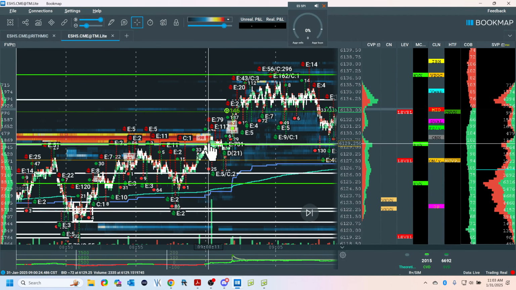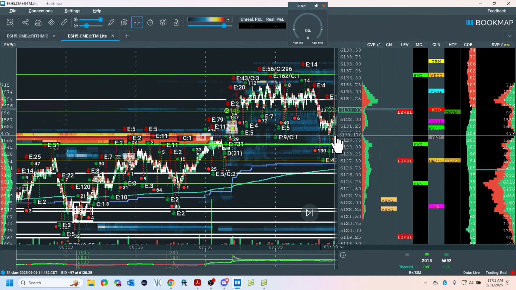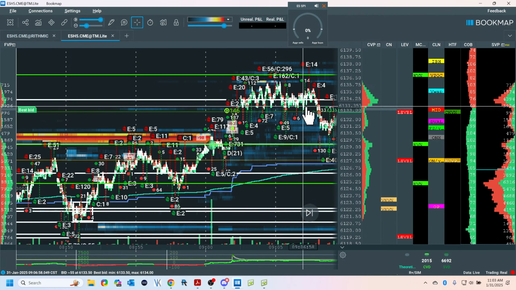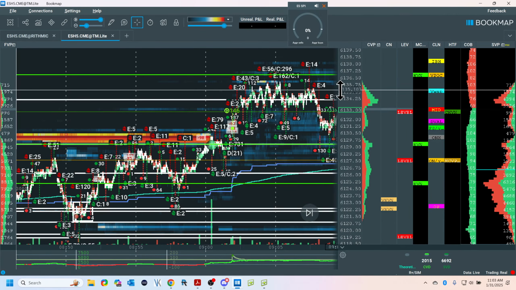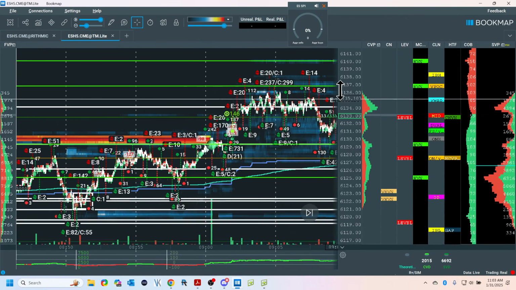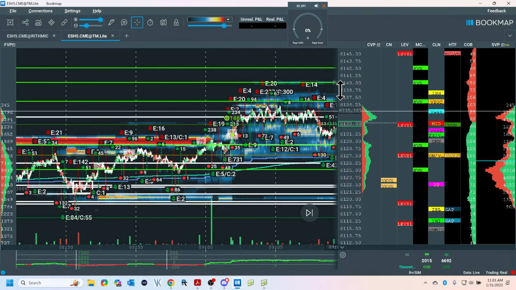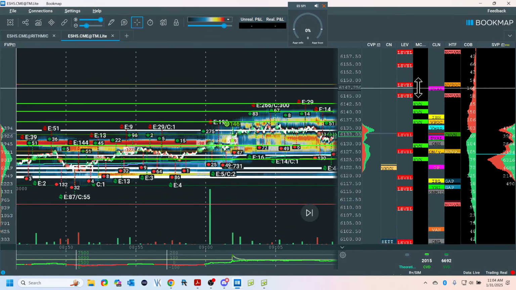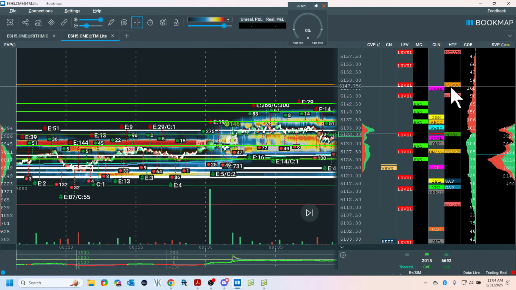What do I know? I know this is my outside edge, and this is my high volume node. This is the same thing as the target above, which is called a naked volume point of control. A point of control is high volume.